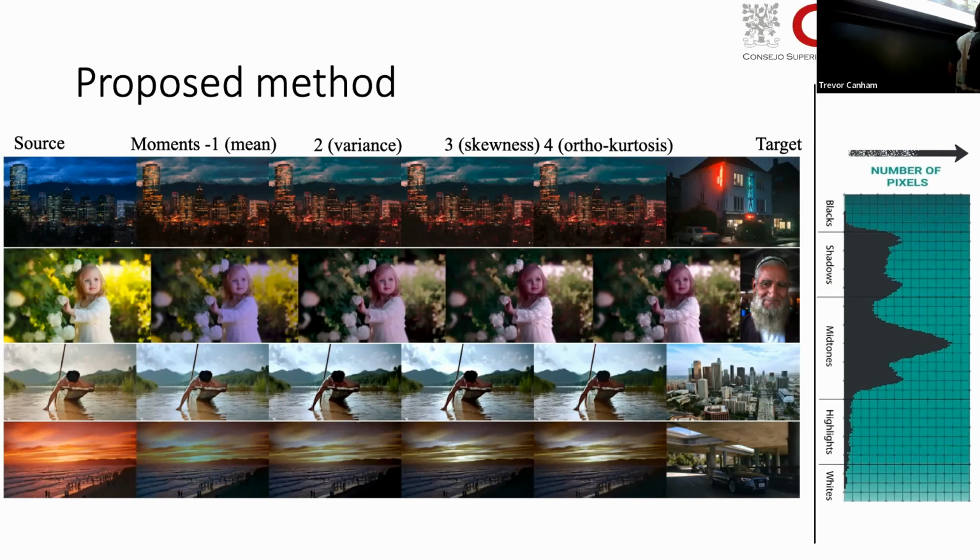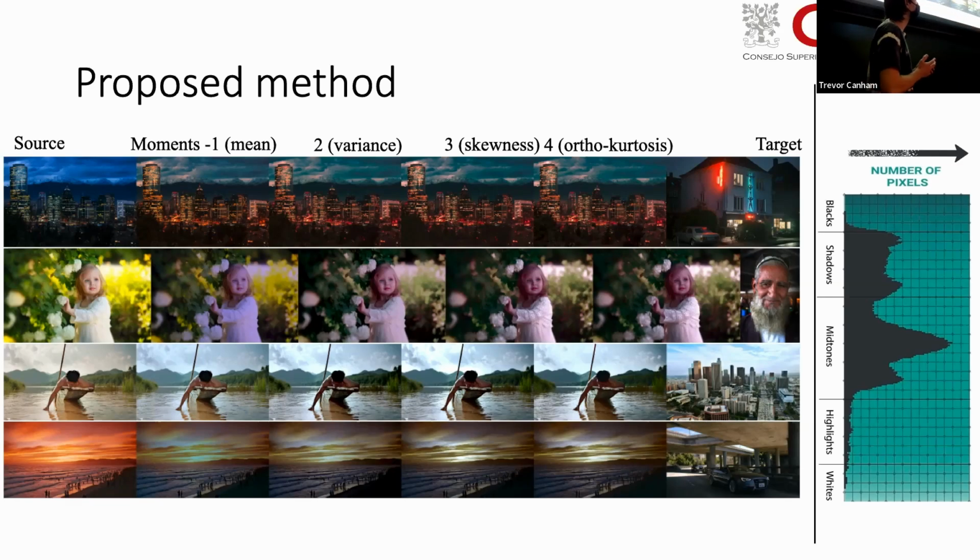By matching the mean to a reference image, you're sort of doing a translation on the histogram. Whereas matching the standard deviation, you're sort of stretching the histogram laterally.